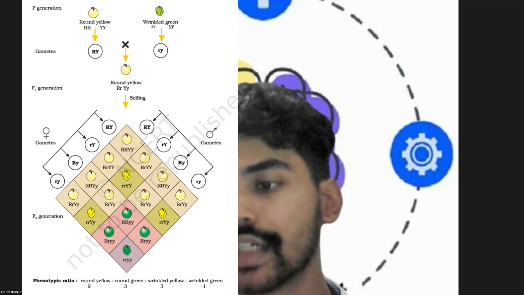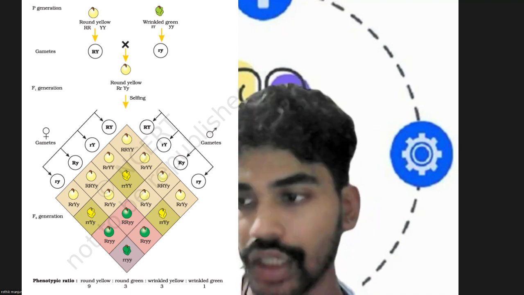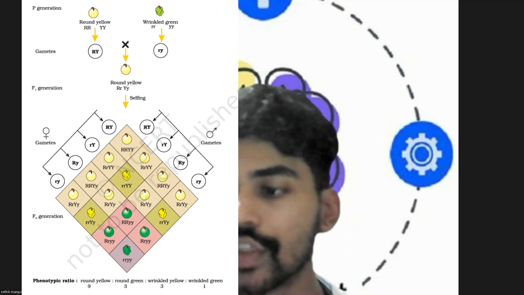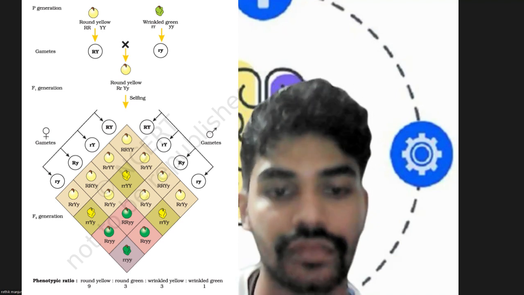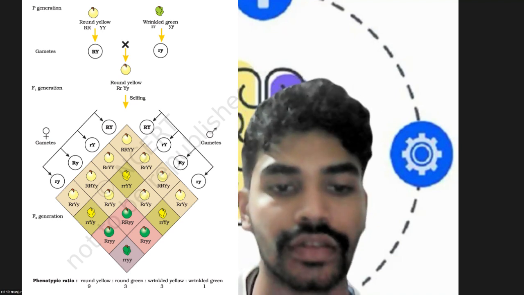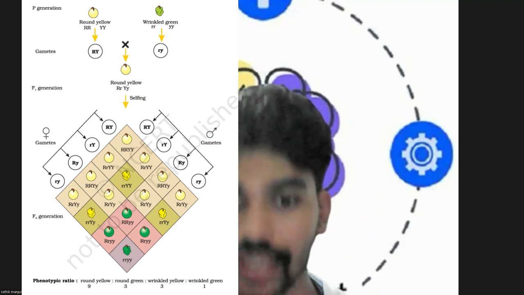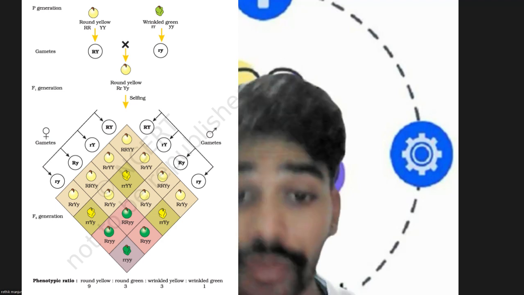So what does it actually say in the law of inheritance of two genes? Here you can tell which of the character has been allelic here. So in the dihybrid cross, what does the law of independent assortment say here?